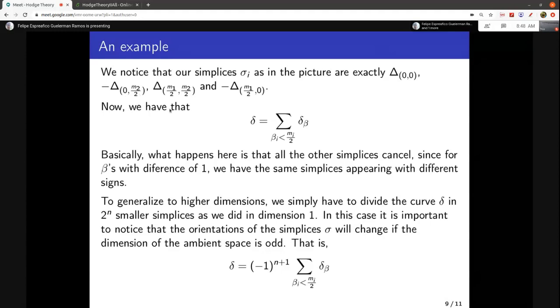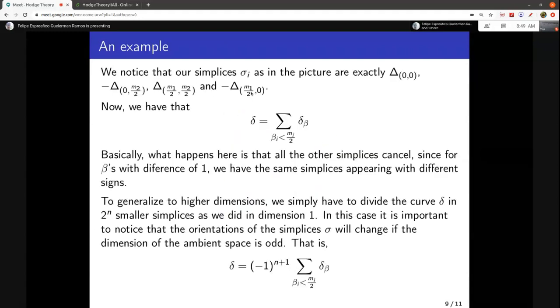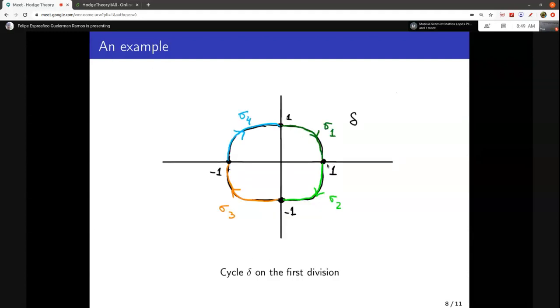I mean, because if we take a root of unity and consider the exponent to be m2 over 2, we are going to get 1 to the half, which is actually minus 1. If we do this squared it is 1, and I think it's clear that this is minus 1, and here minus 1, and here minus 1, 0, right? So these are exactly these cycles.